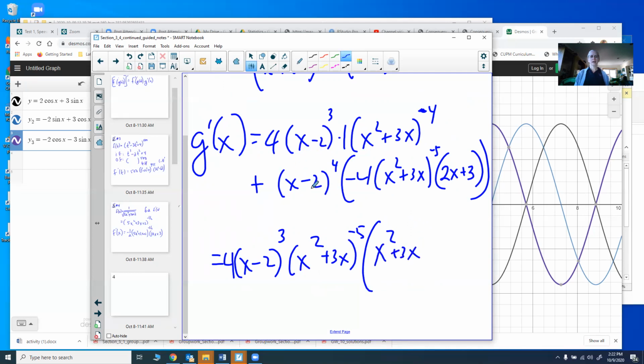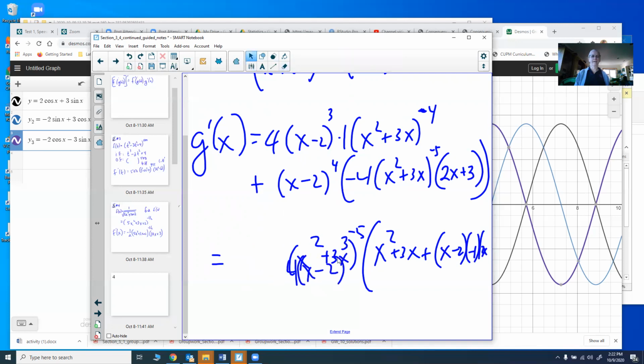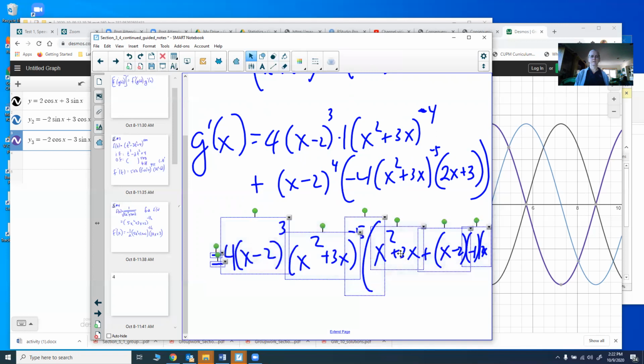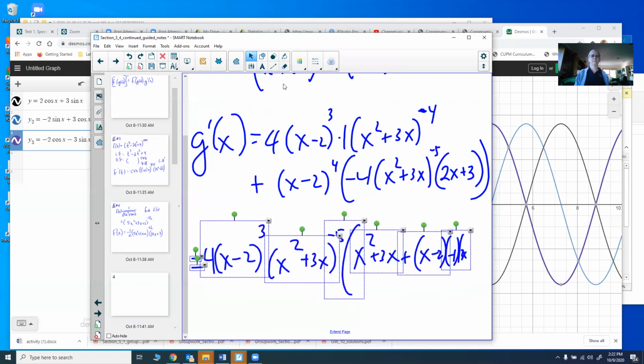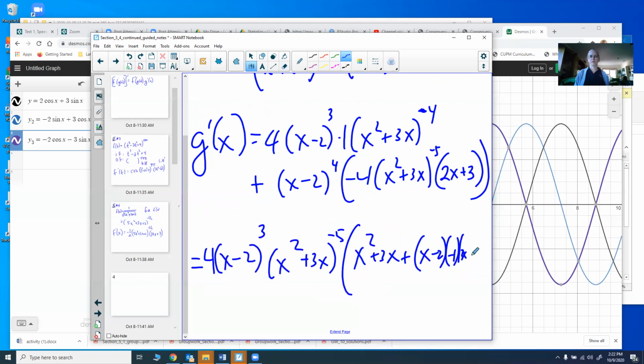I took out 3 of these, so I'm going to have 1 left. And I took out all of these, and I took out the 4, and I'm going to have that minus sign times 2x plus 3. And I ran out of space. So I'm going to have a 2x plus 3.